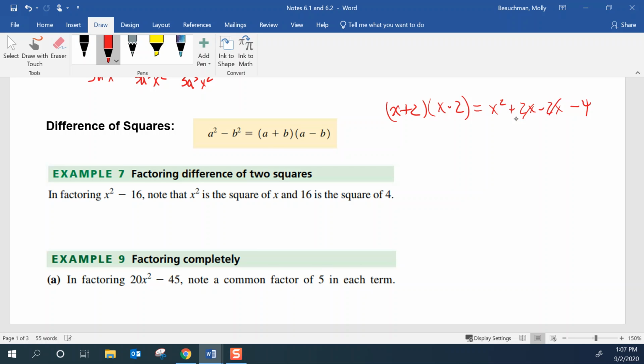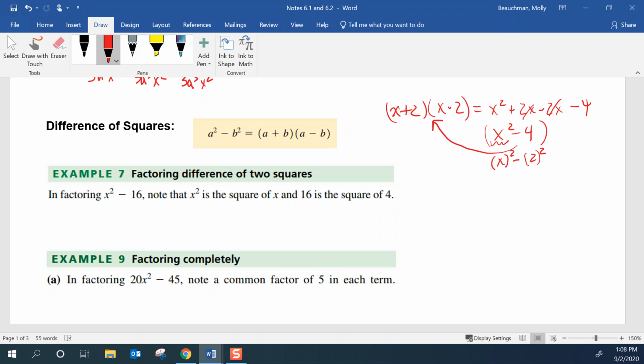The two middle terms cancel and you're left with x squared minus 4. So when we're starting with the expression x squared minus 4 and we want to go backwards and rewrite it as a product, we recognize that your first term is a perfect square, it's x. Your second term is a perfect square, 2. And when we go backwards, we rewrite that as the pattern a plus b times a minus b.